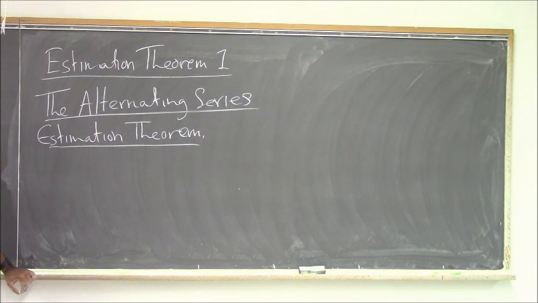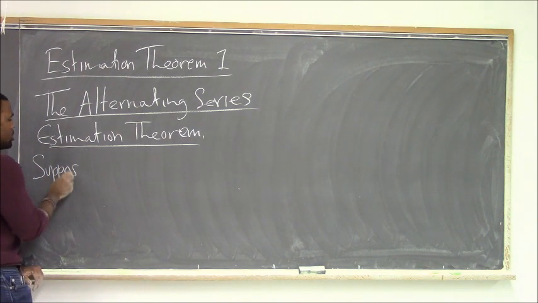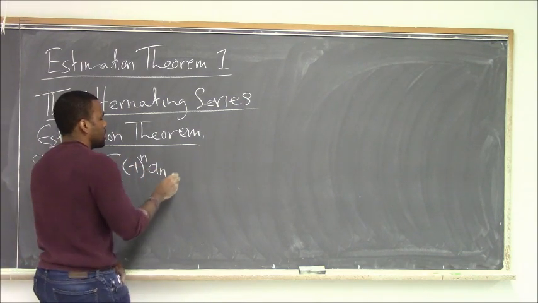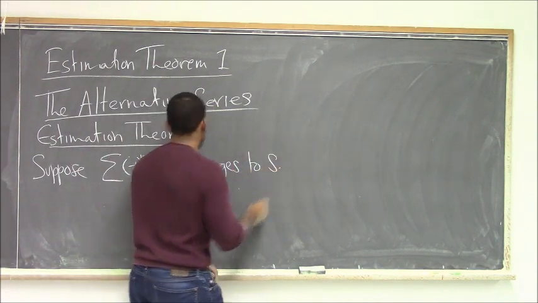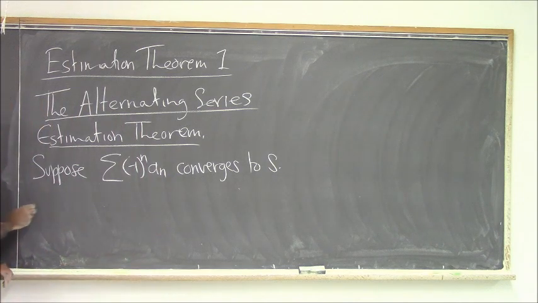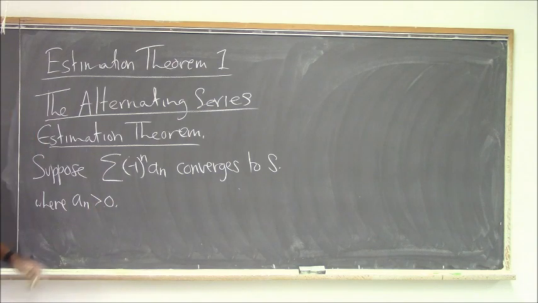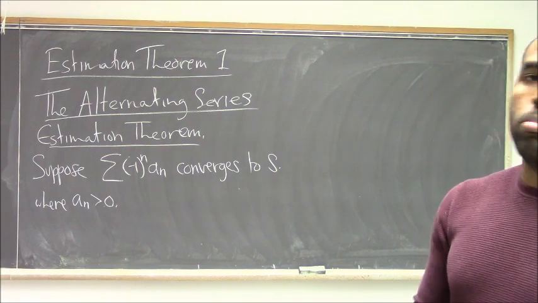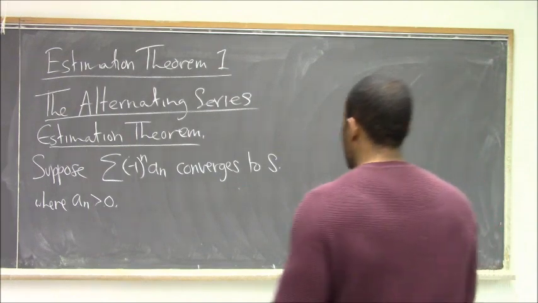Here is what it says. Suppose this series converges to S, right? Where a_n is always positive, right? So that's an alternating series, right? So it's an infinite series, and we have some reason to believe that it converges to S. Now, we don't necessarily know what S is.